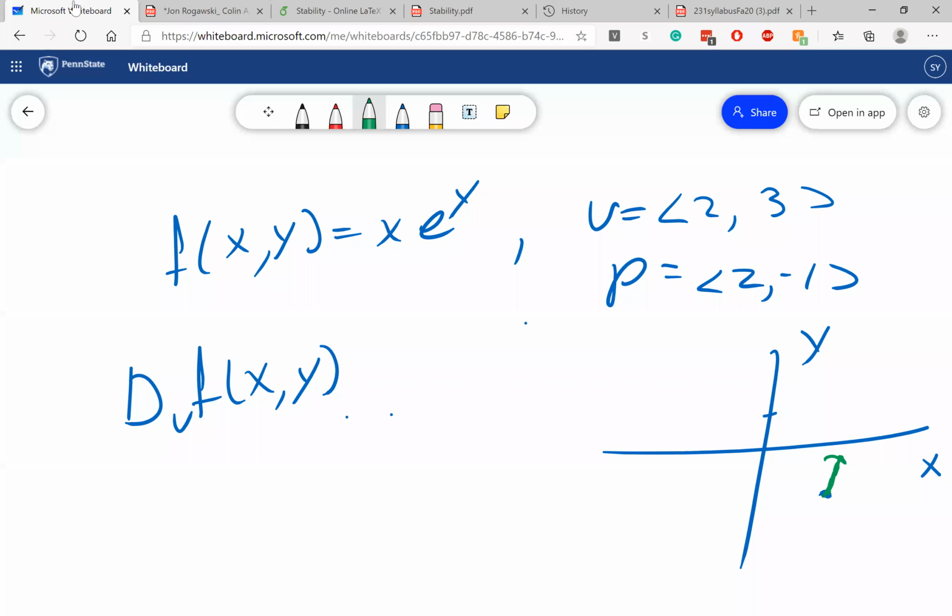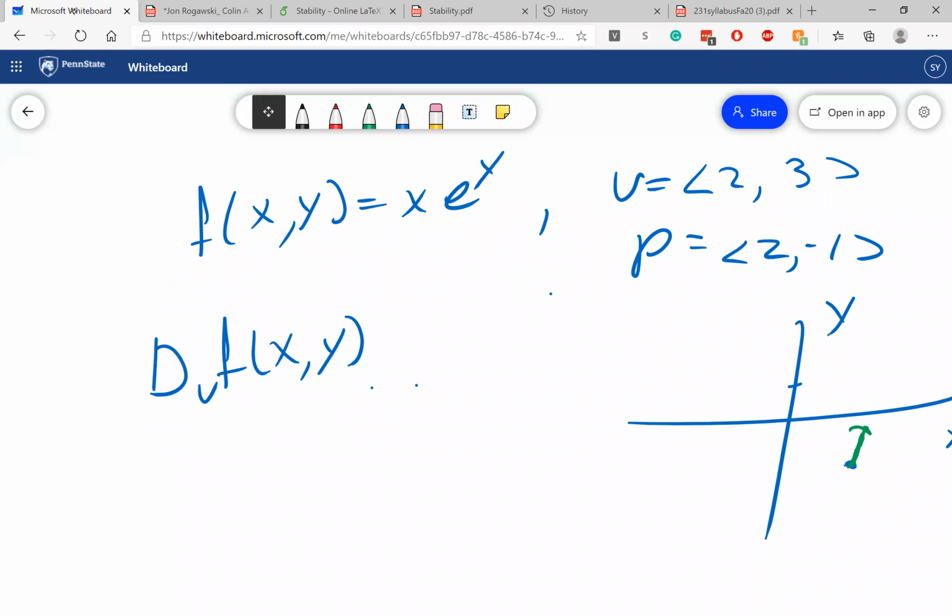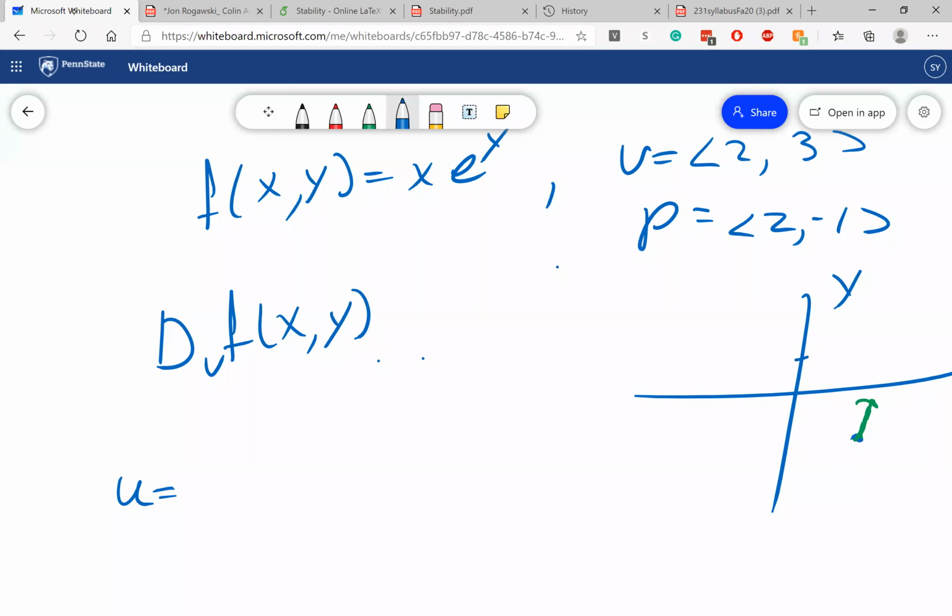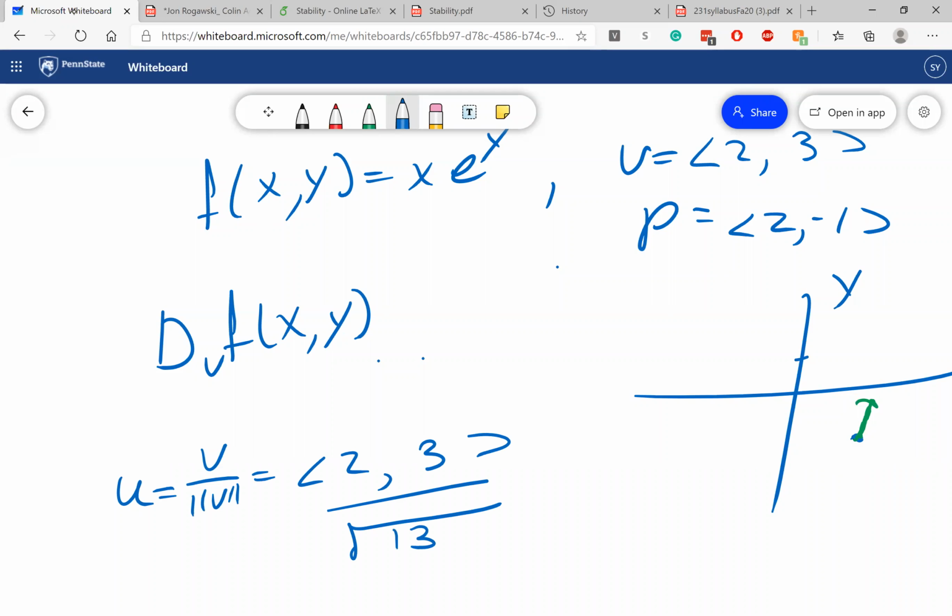Okay. So like I said, the first thing we want to do is find the unit vector of v. So let's take u equal to v over its magnitude, which is 2, 3 over the square root of 4 plus 9, which is 13. So this is going to be 2 over square root of 13 and 3 over the square root of 13.